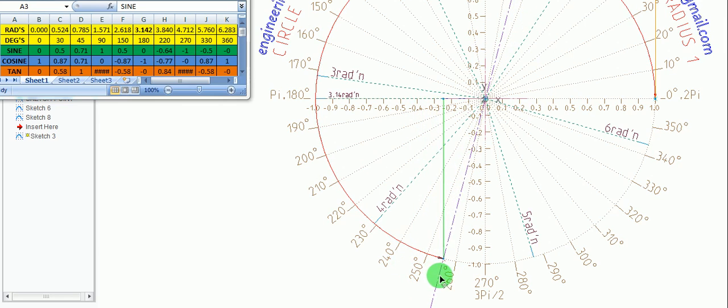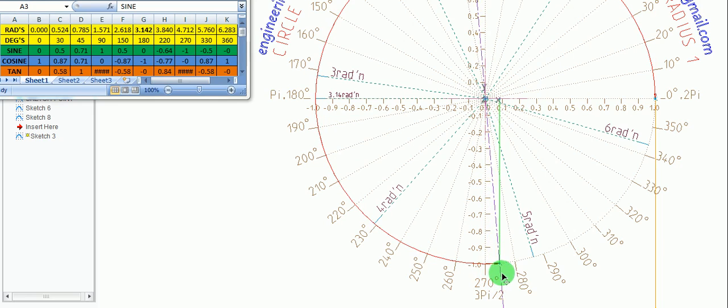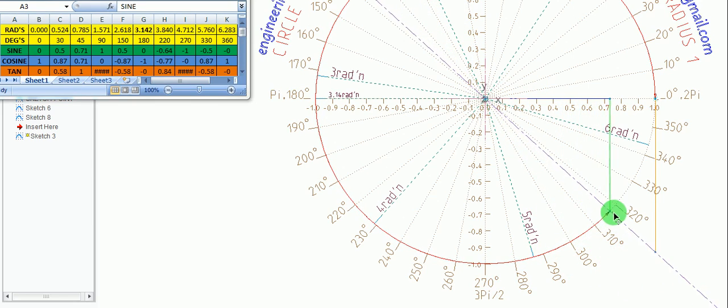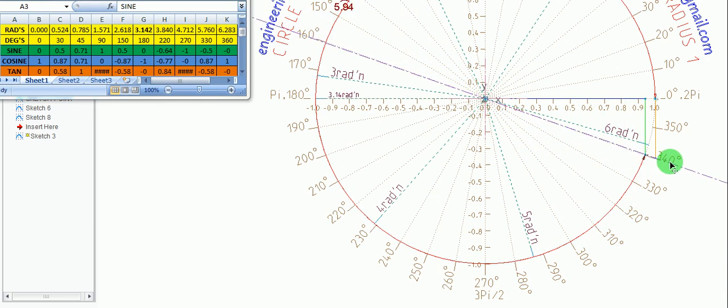And at 270 degrees, its height will be equal to the radius of the circle. When I cross 270 degrees, its height will go on reducing. And when I reach 360 degrees, again it takes the value 0.